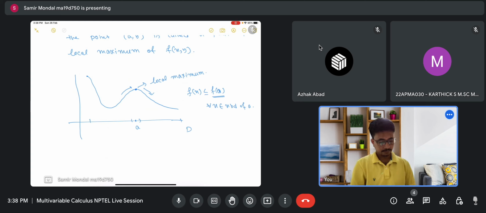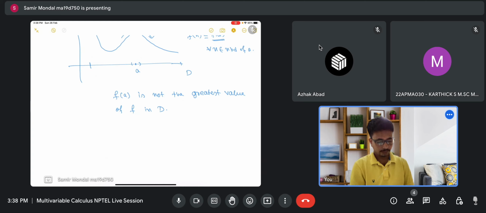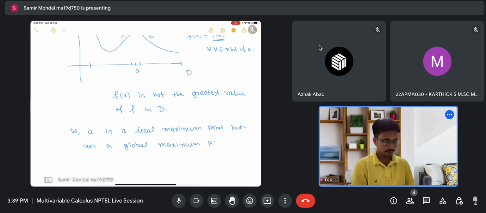Okay, so this f of a is not the greatest value of f in D. So A is a local maximum point, but not a global maximum point.